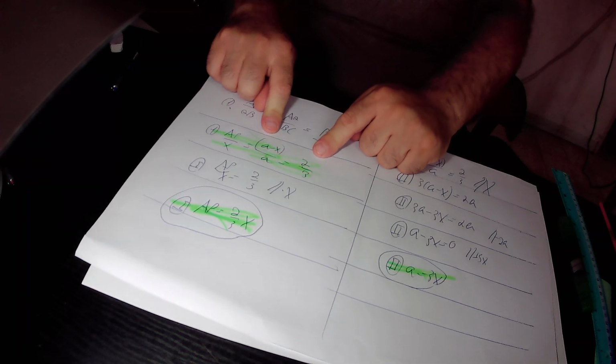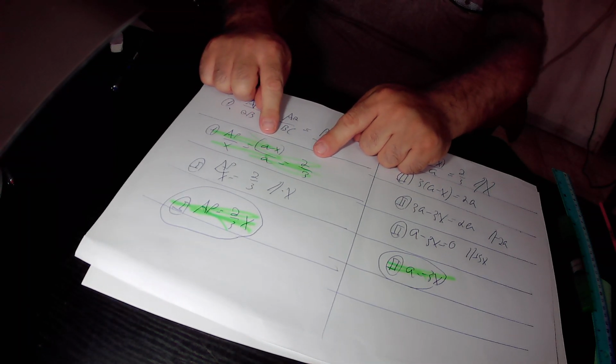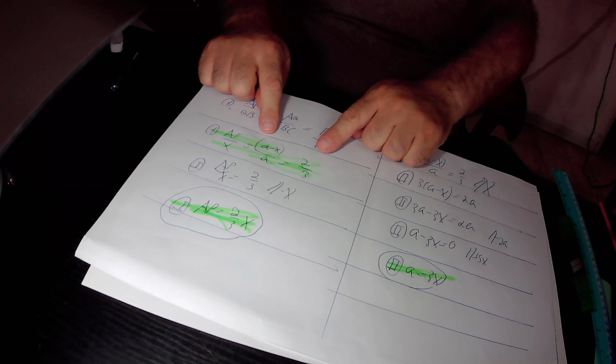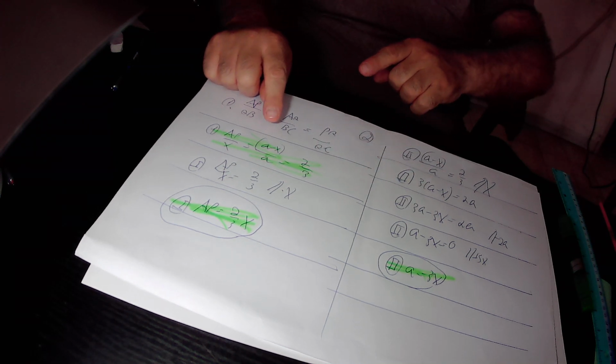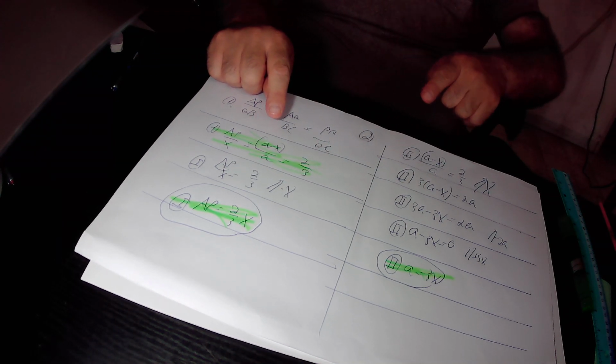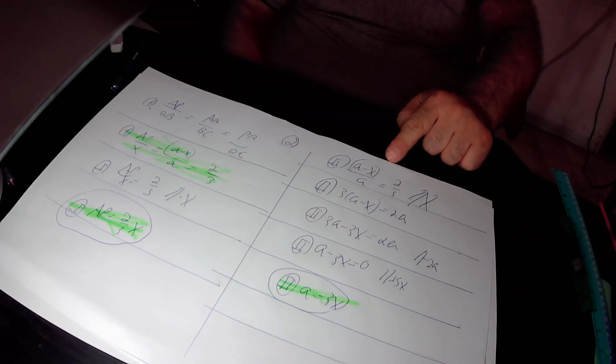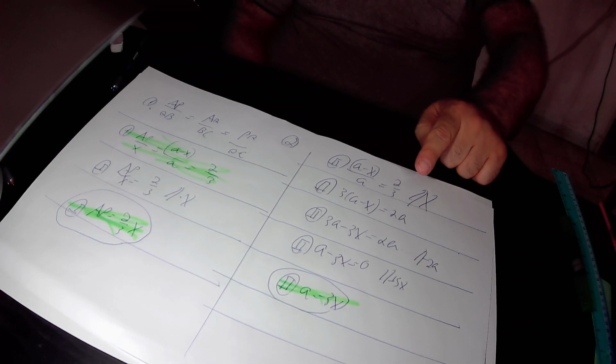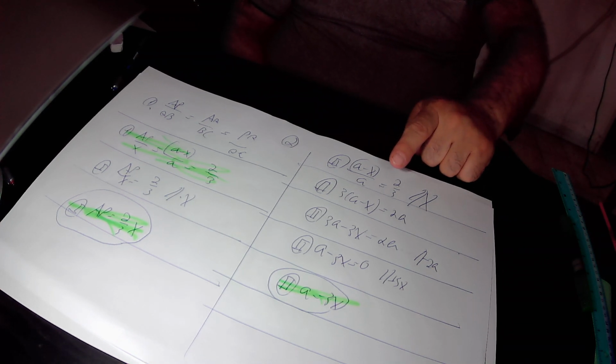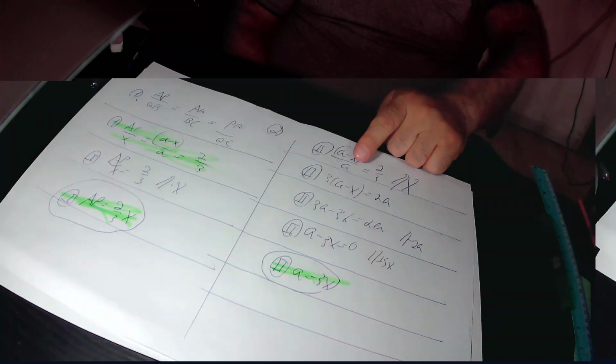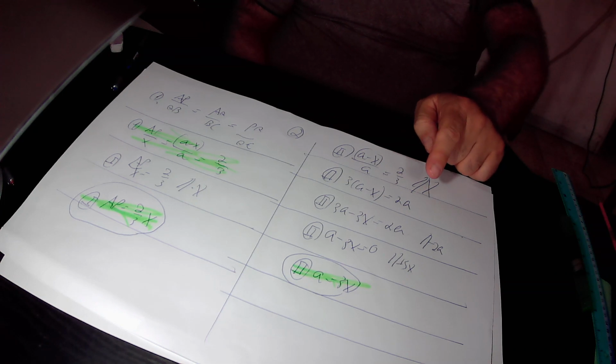Those two sides are equal to each other, therefore we get equation 2 from them. According to equation 2, a minus x over a equals 2/3. Here we cross-multiply and find that 3 times a minus x equals 2a. We open the brackets and find that 3a minus 3x equals 2a.